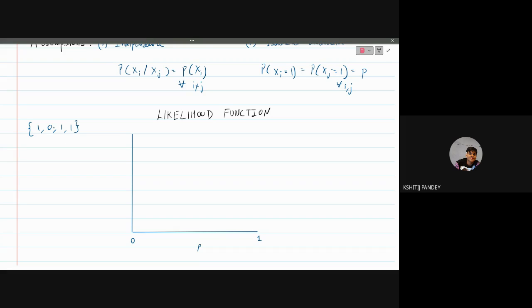So this is our observation. So the y-axis will be the probability of generating this data, that is x1 equal to 1, x2 equal to 0, x3 equal to 1, x4 equal to 1.